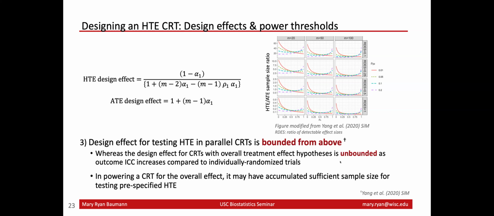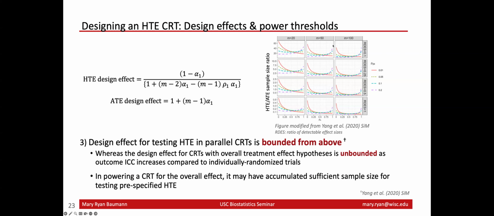So we find that when you are powering a cluster randomized trial for the overall effect, you may have actually accumulated a sufficient sample size in the course of that to be able to test a pre-specified HTE. So in trying to get to the appropriate power compared to an individually randomized trial, you might not actually have to boost your sample size all that much to get to the appropriate sample size for an HTE here.